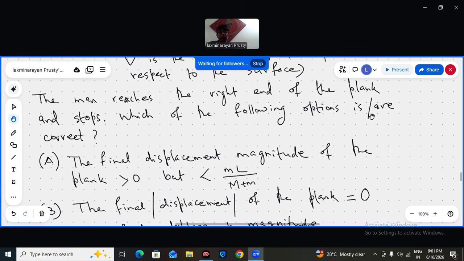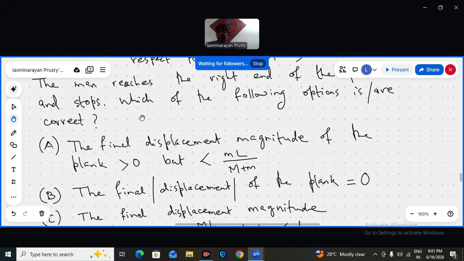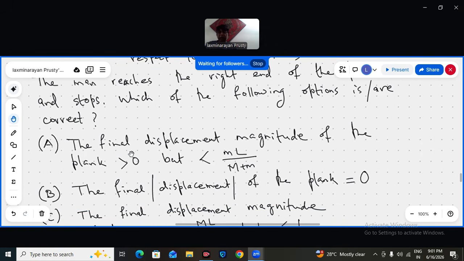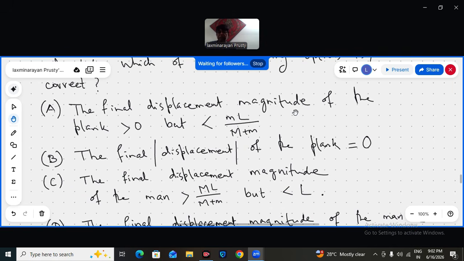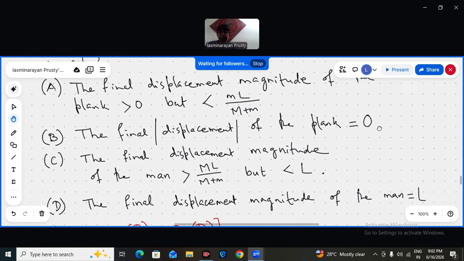Which of the following options is or are correct? Maybe one or more than one option may be correct. Option A: final displacement magnitude of the plank is greater than 0 but less than ml by M plus m. It would be equal to ml by M plus m if there is no friction. So it is less than that but greater than 0. Option B says final displacement magnitude of the plank is 0.